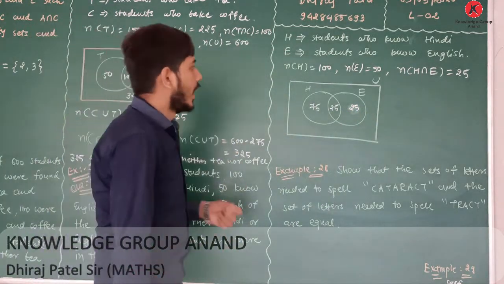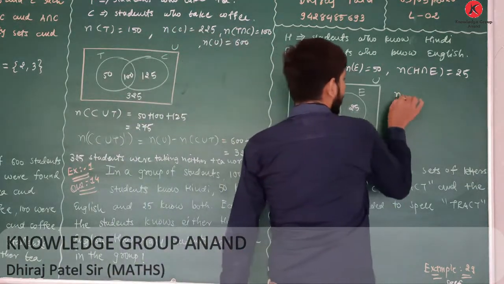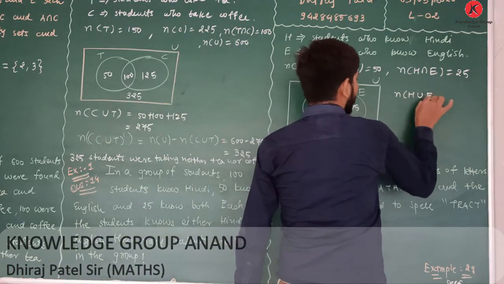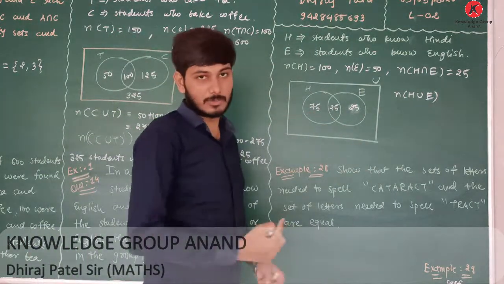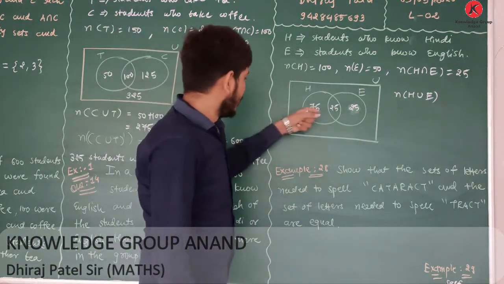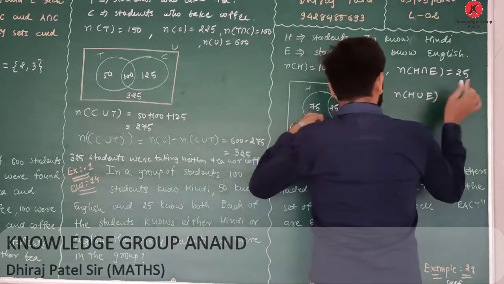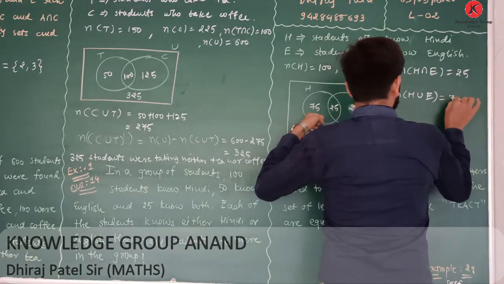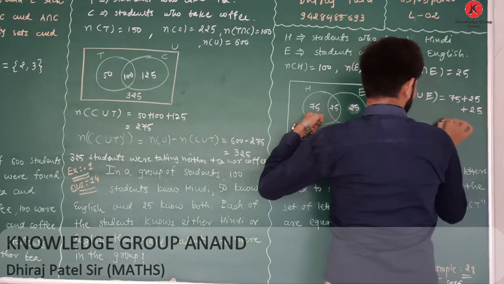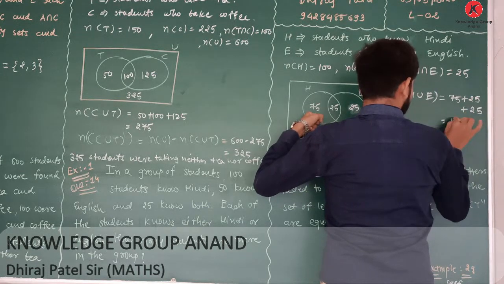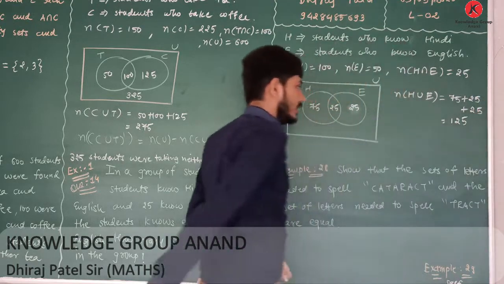Okay, now you have to find number of H union E. How many students in a group? So how many students are in the group? Either one of them language they speak. Therefore we can say that number of H union E equals to 75 plus 25 plus 25, which is equals to 75 plus 25 is 100 and 25 is 125.